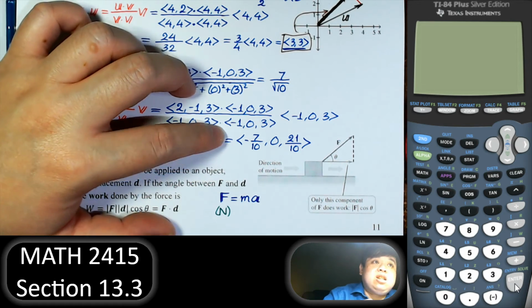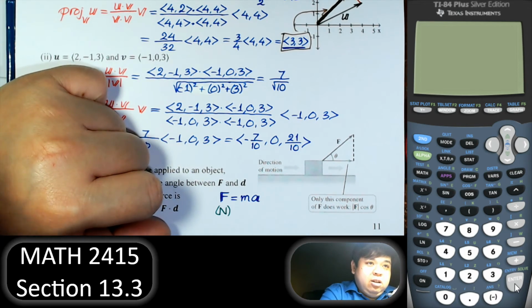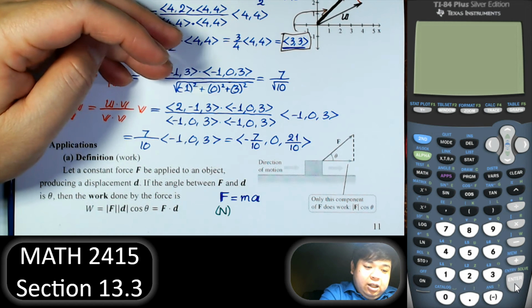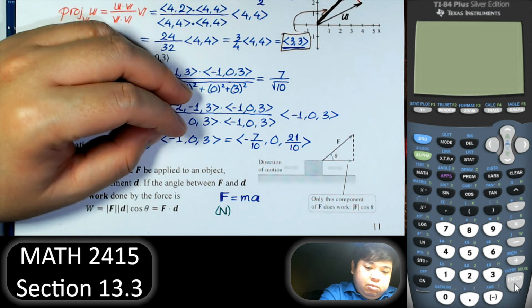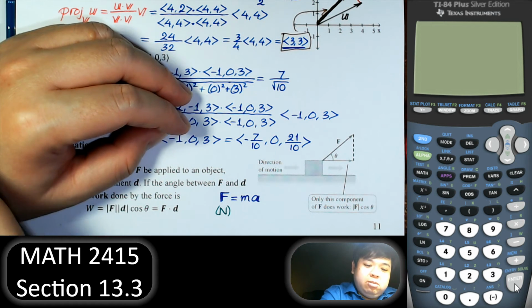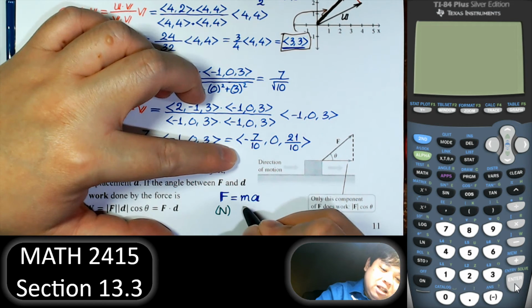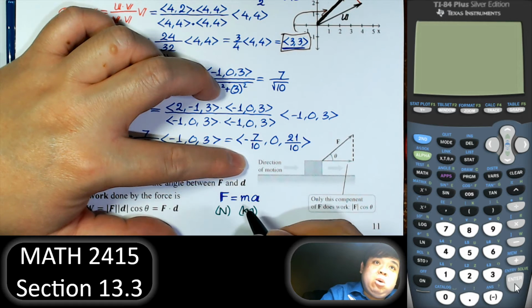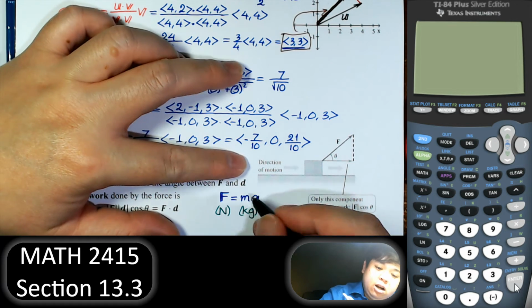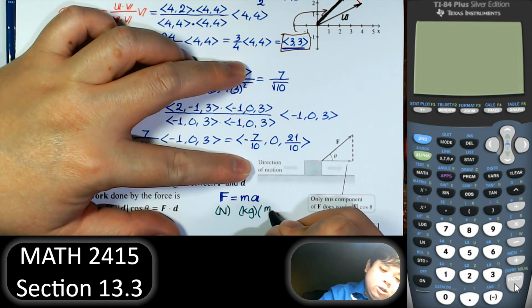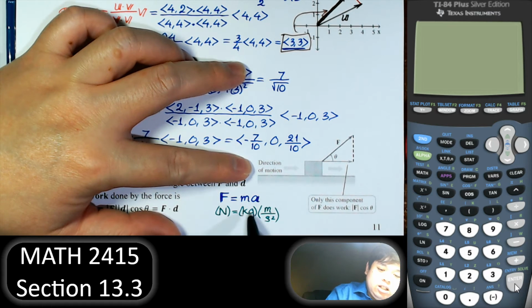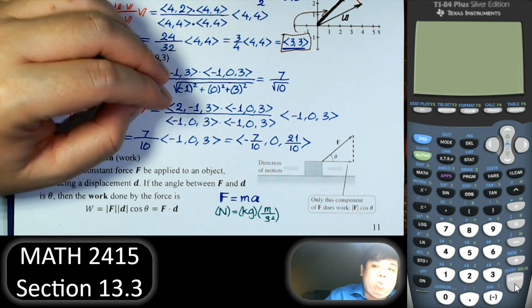I'm talking about the standard international system of units. Mass is kilograms. Acceleration is displacement over time, so it's going to be meter over second squared. So 1 Newton is equal to 1 kilogram meter per second squared.